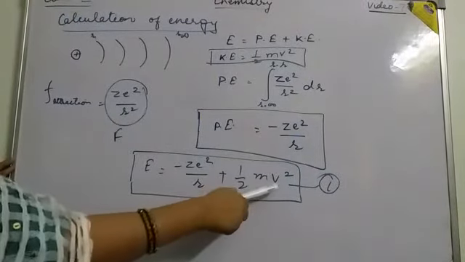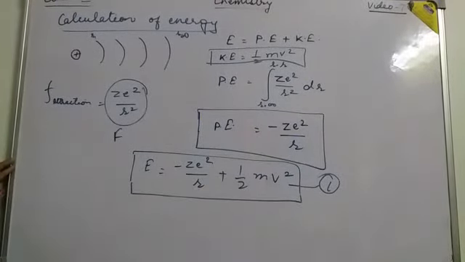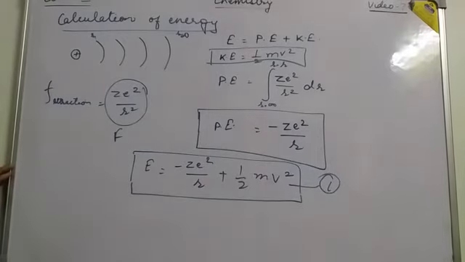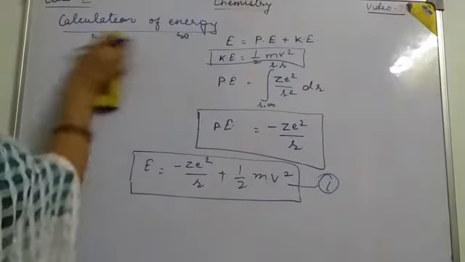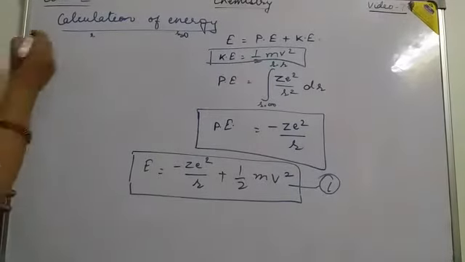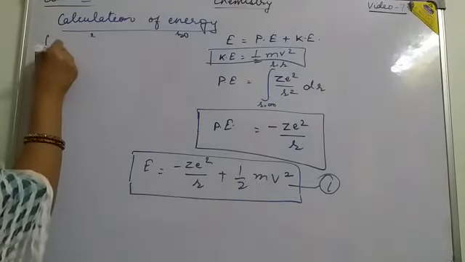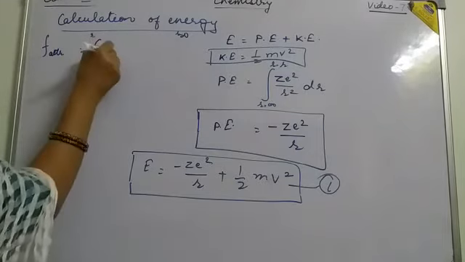By putting the value of R and V in this equation, we get another type of equation. As we know, force of attraction is equal to centripetal force.